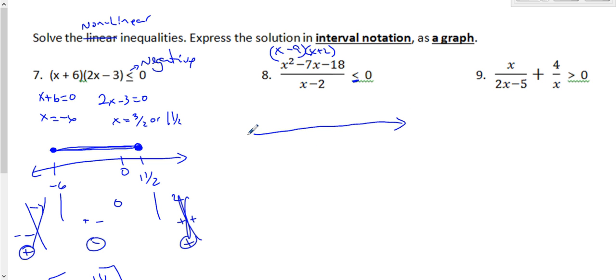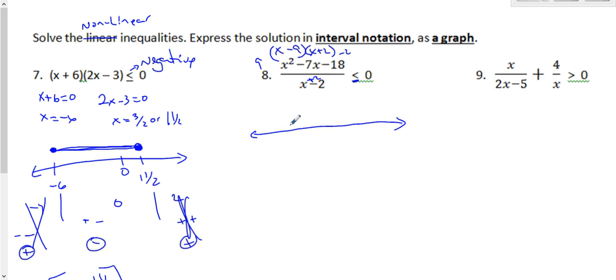So we are going to draw our number line. From our factors, we get 9. X minus 9 equals 0 will give us 9. For x plus 2 equals 0, we will get -2. And for x minus 2, we will get +2.